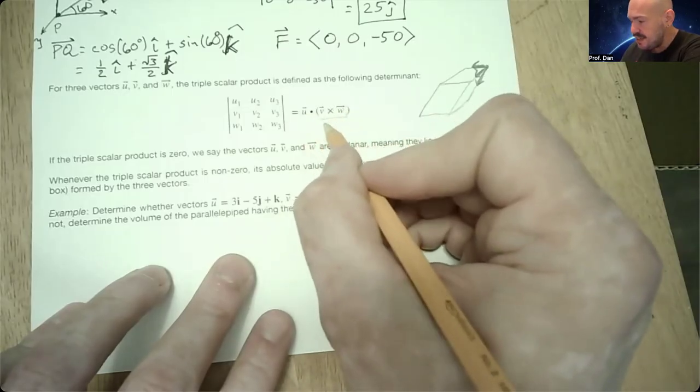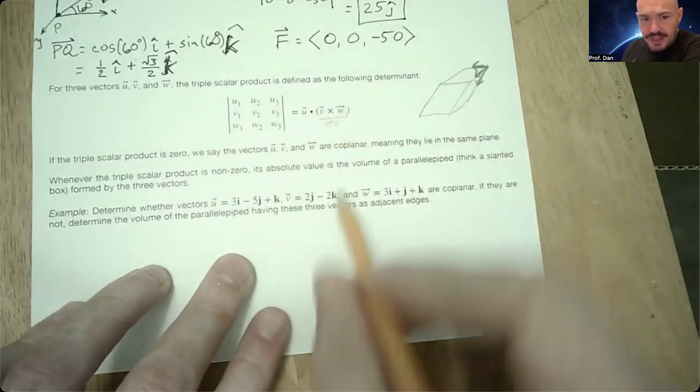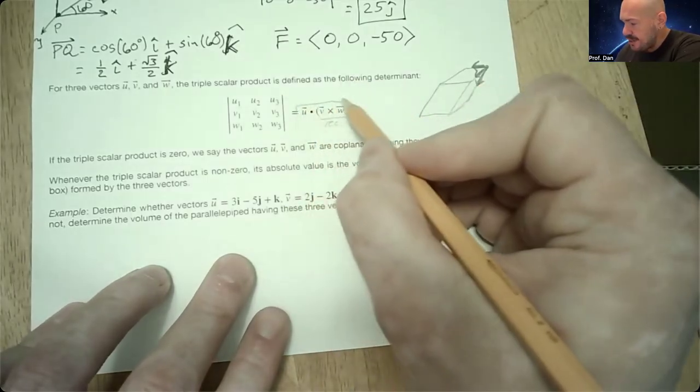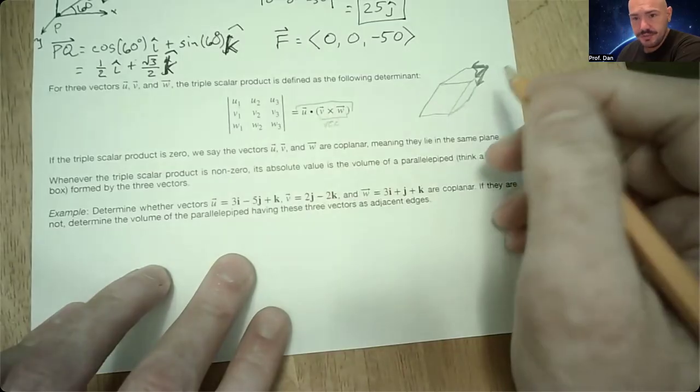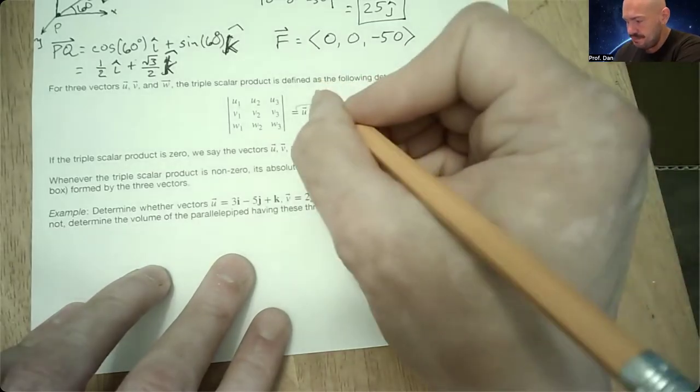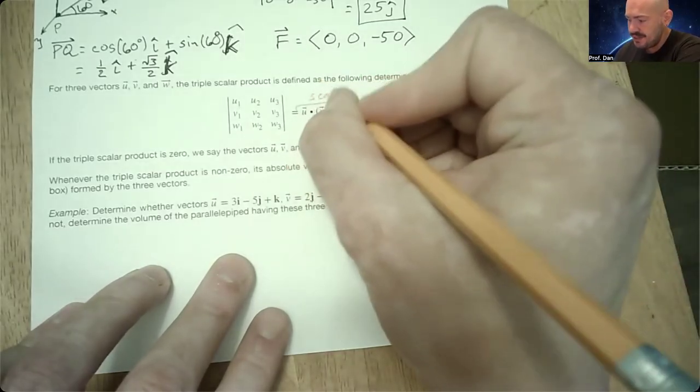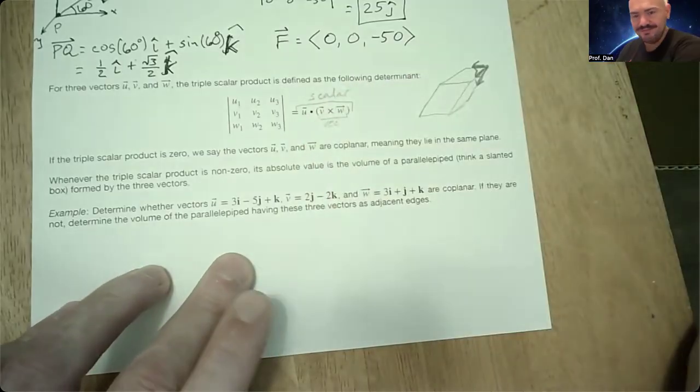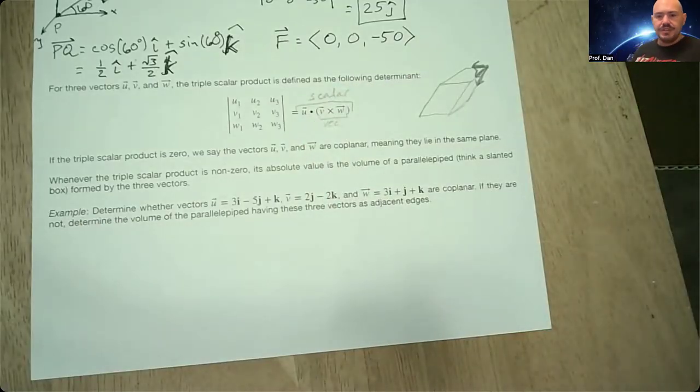And if I take the dot product of two vectors, what is the result? Hopefully we all emphatically said it's a scalar. So the triple scalar product is a scalar value. You should get a number for your answer for this one.